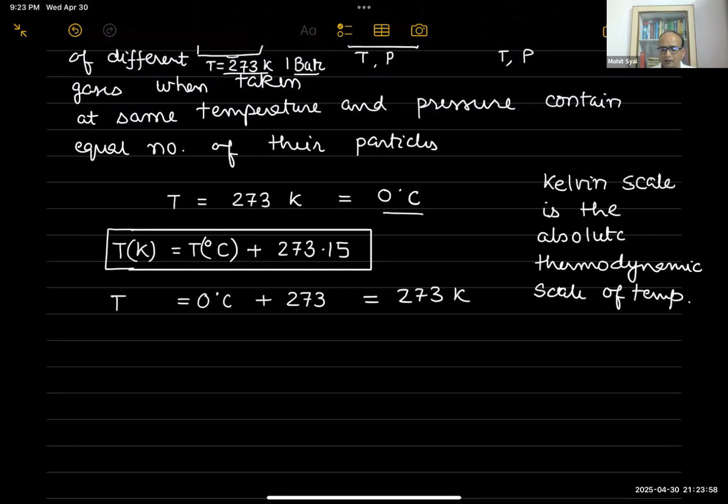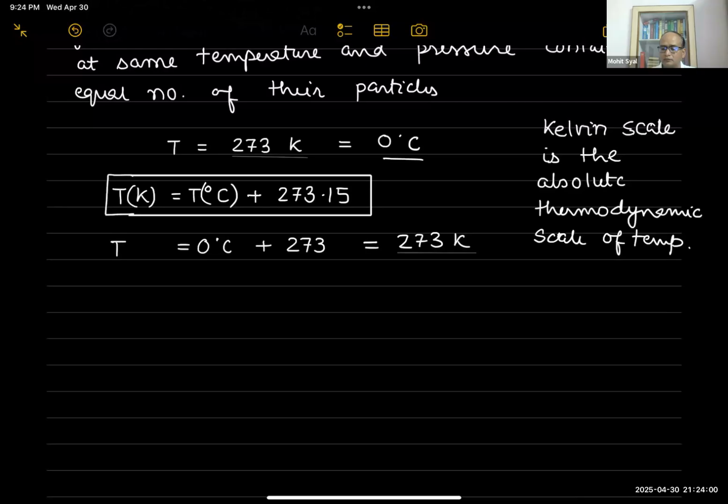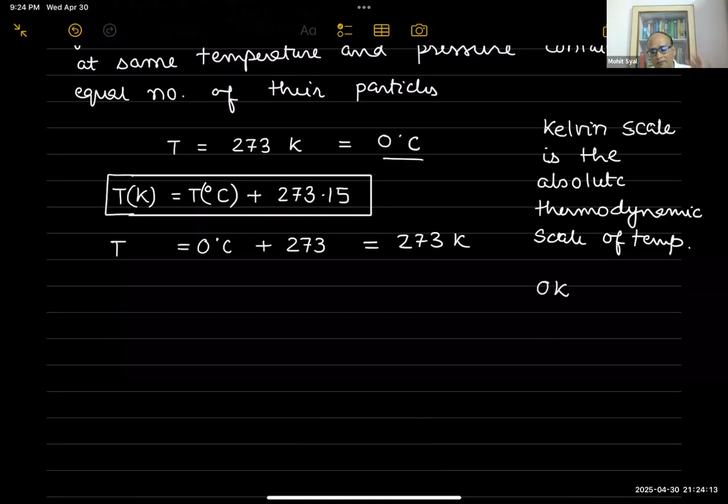It means suppose I take 0 Kelvin, this is the lowest temperature.